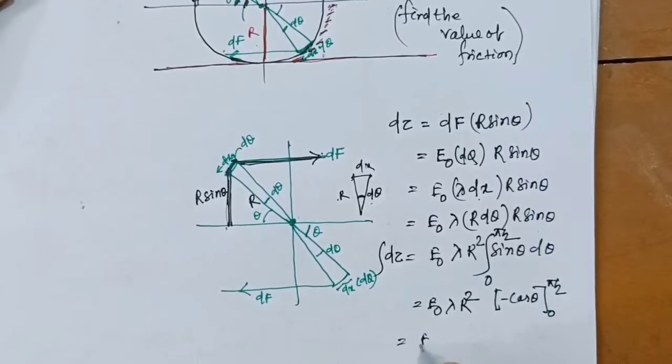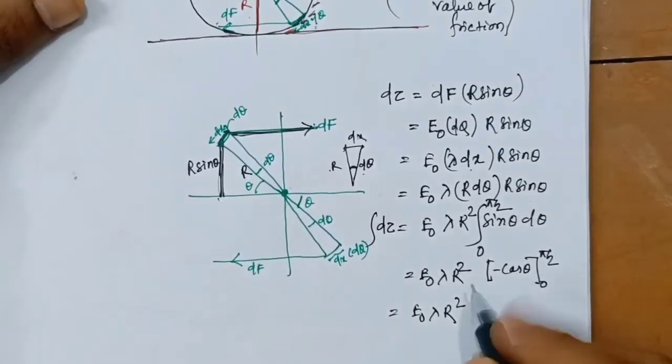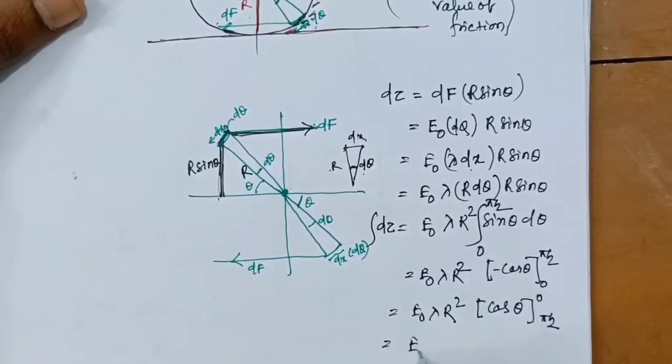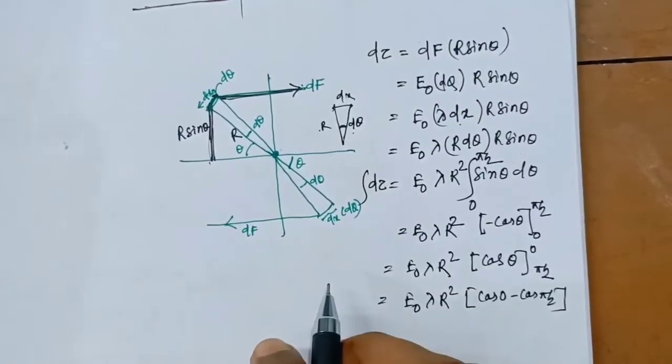If I interchange the limits, this negative sign will vanish. So this is cos 0 minus cos pi by 2. I hope the scenario is clear to all.